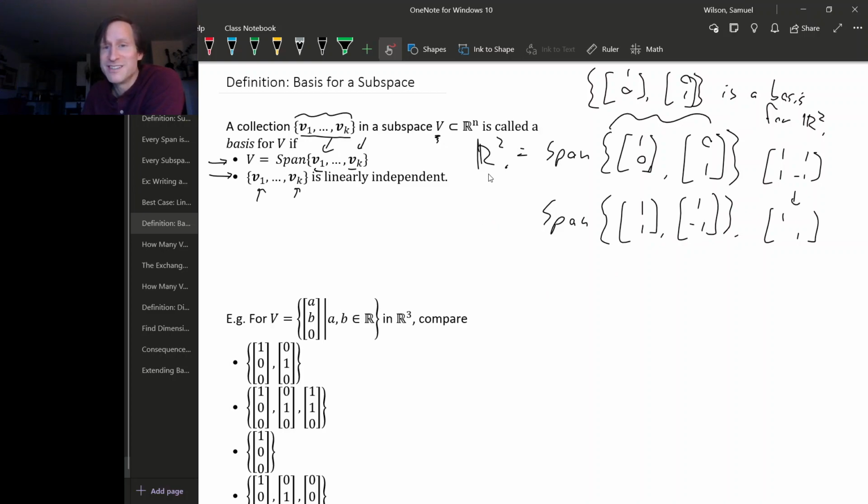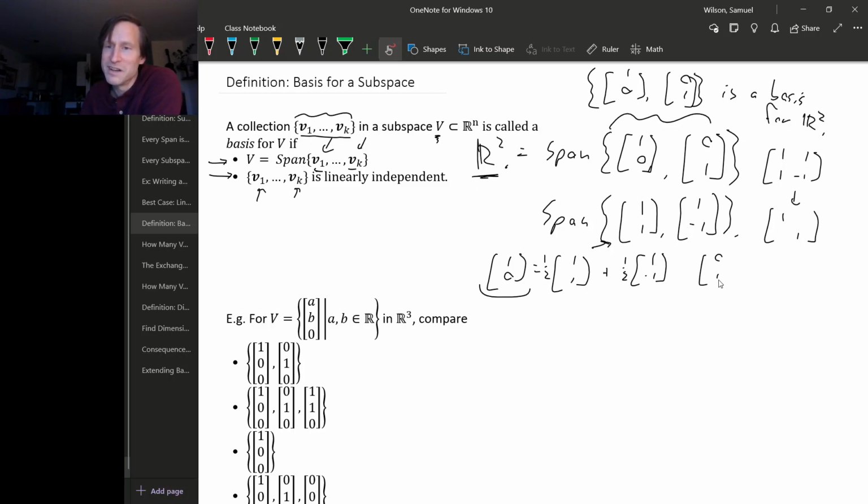So now the question is, does it span all of R2? Well, on the one hand, the vector (1, 0) is a linear combination of these two, because it's 1/2 (1, 1) plus 1/2 (1, -1). So (1, 0) is in the span of these two vectors.